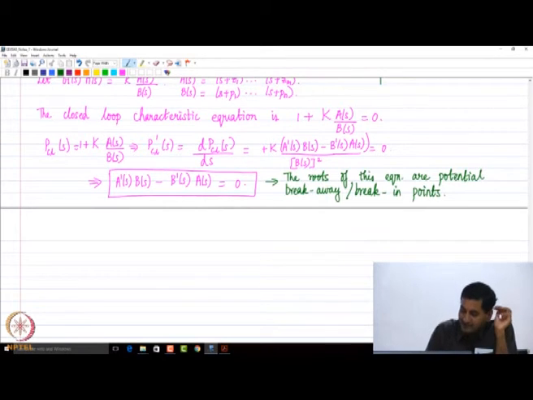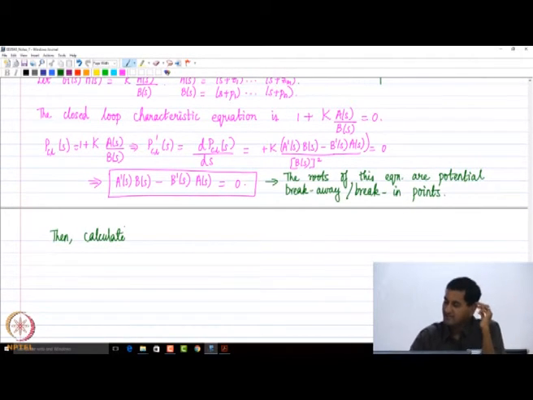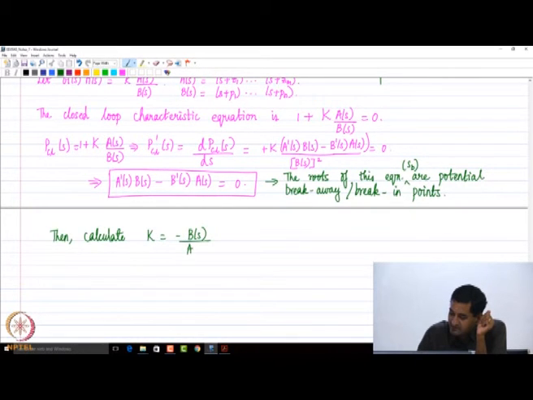Then calculate the values of k. Let's say we call these roots of this equation s_B, putting a subscript B to indicate breakaway or break-in points. Then calculate the values of k as minus b(s) divided by a(s) evaluated at s equals s_B.